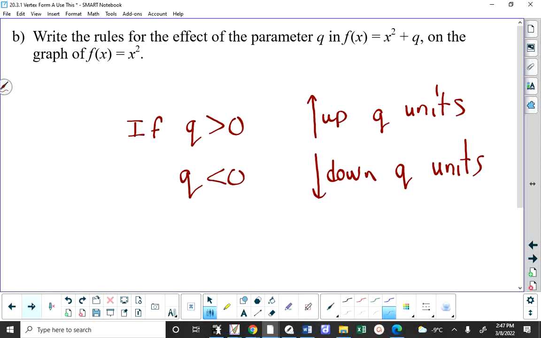But when I say it shifts down q units, this is not including the negative. One of our examples, we had q equals -7. Am I right? Okay, we wouldn't say it shifts down -7 units. We would just say it shifts down 7 units. That's my point.